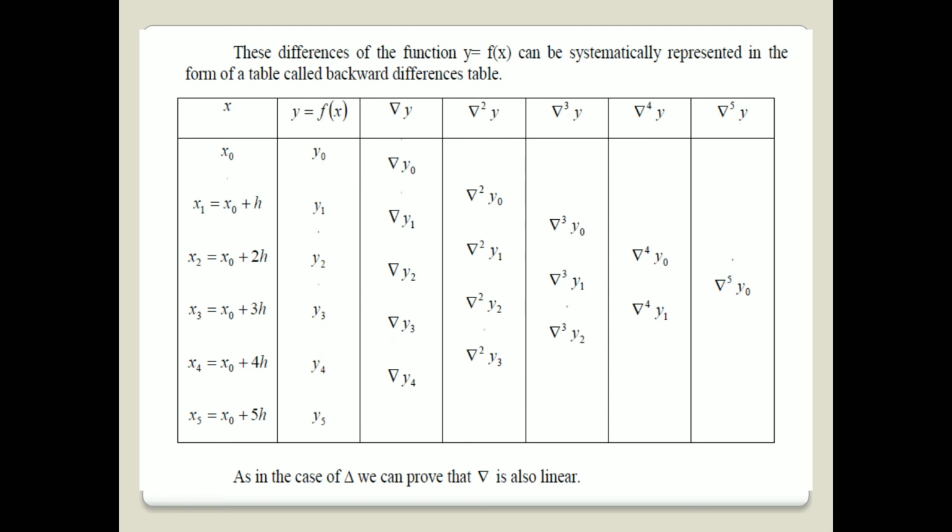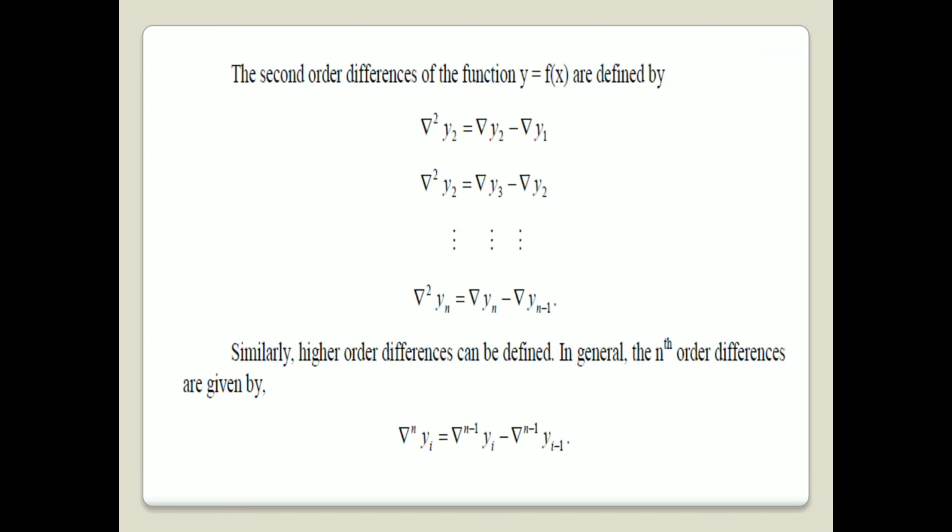Then in each column we write first order backward difference, second order, third order, fourth order and fifth order backward difference by using the formulae which we have already discussed.